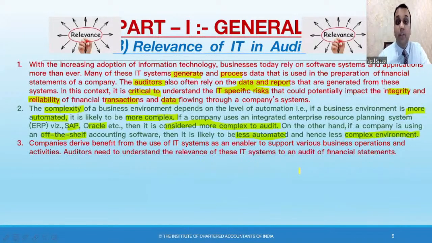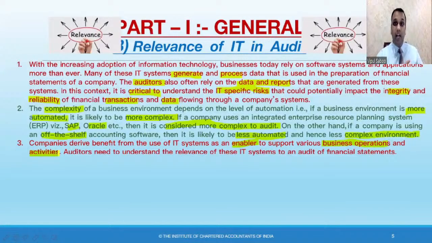Then companies derive benefit from the use of IT systems as an enabler. Enabler is which acts as a catalyst, which helps us in performing business operations to support various business operations and activities. So they are using information systems in many fields of their business.